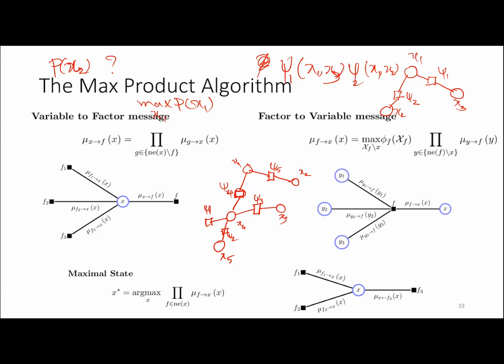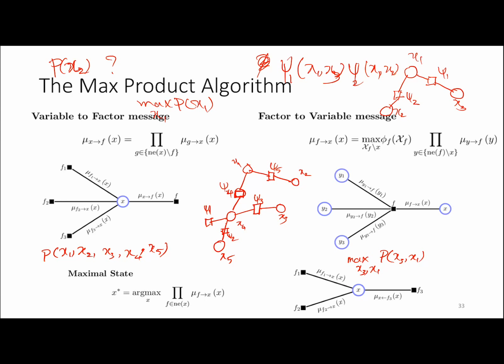This is a tree, right? Now let's say I ask you, give me the maximum assignment of x3 and x1. What should I do for this? From the factorization, I can write the joint distribution p(x1, x2, x3, x4, x5) from the factor tree. It's basically multiplying the factors.